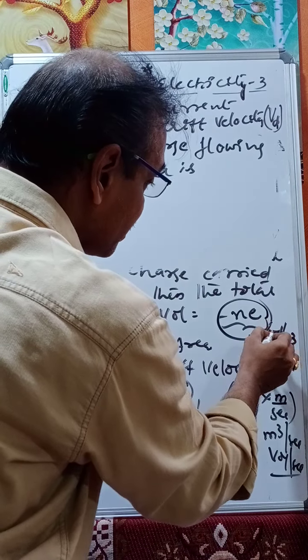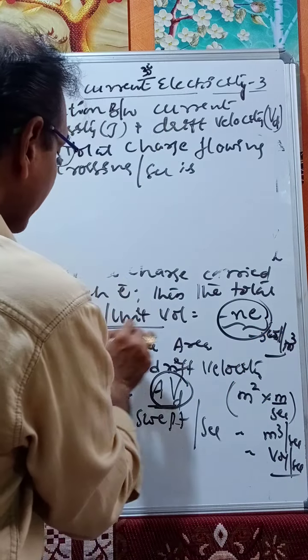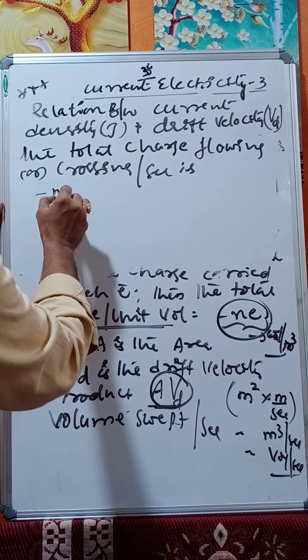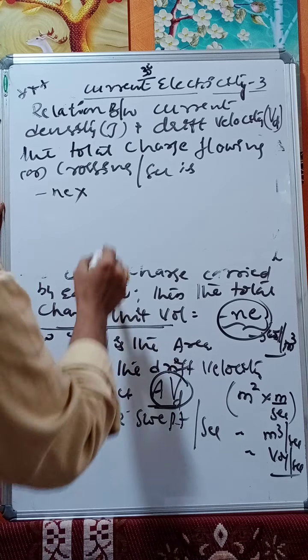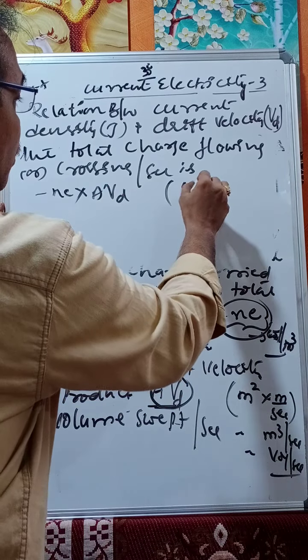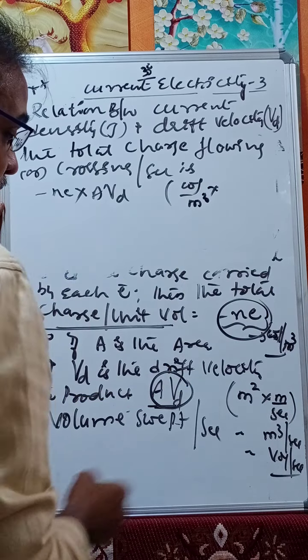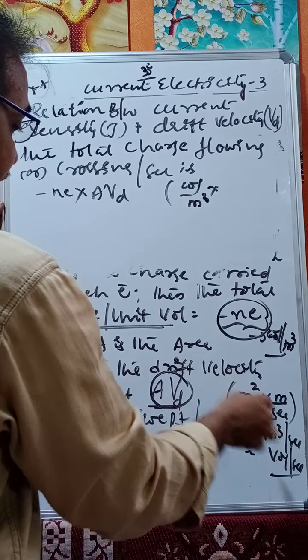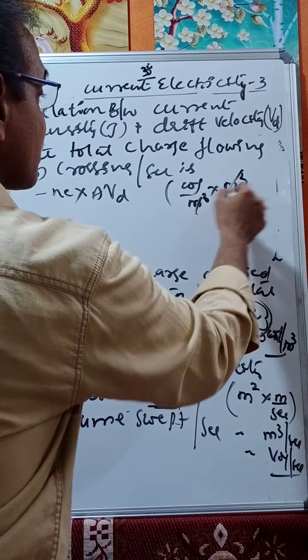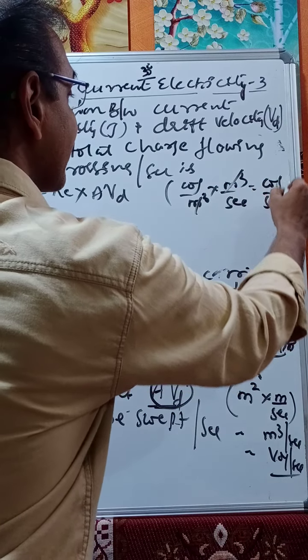Here this is charge by volume, and this is volume per second. If you multiply these, we get minus Ne into A Vd. Minus Ne means coulomb per meter cube, and A Vd is meter cube per second. This cancels, and it becomes coulomb per second.